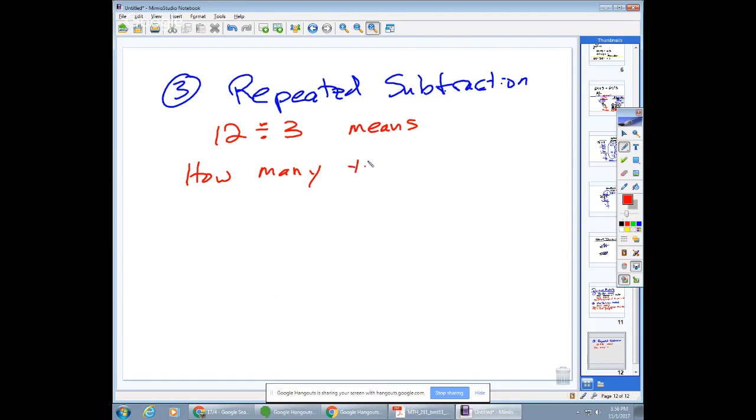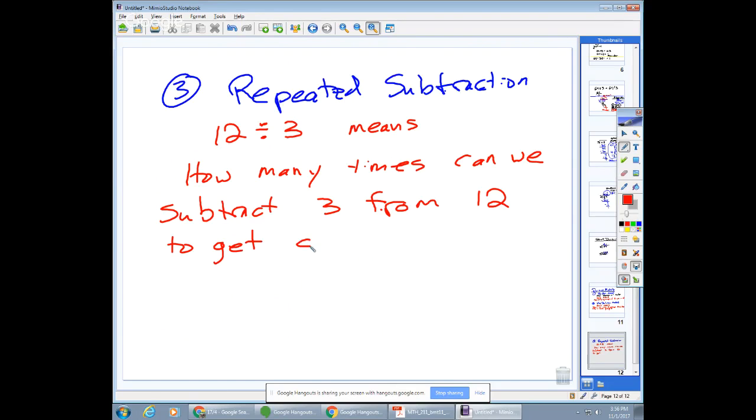How many times can we subtract 3 from 12 to get close to 0? Sometimes we get to hit 0, but sometimes there's a remainder. We can't quite get there. As close as we can. So that's repeated subtraction.